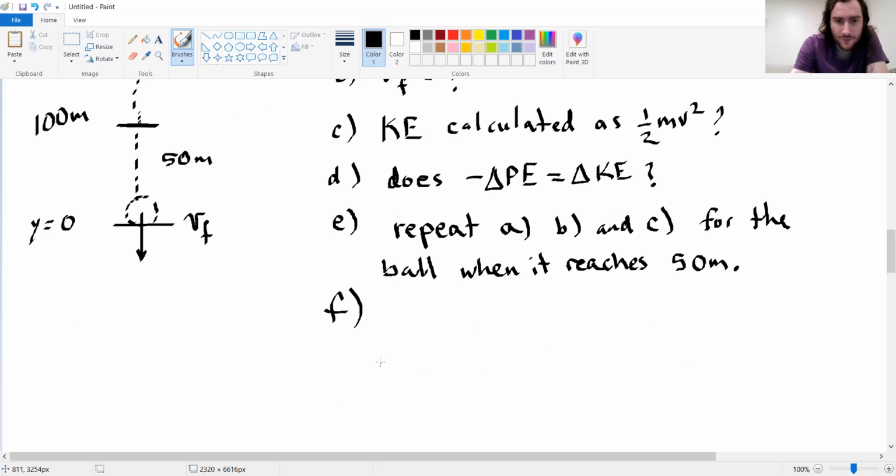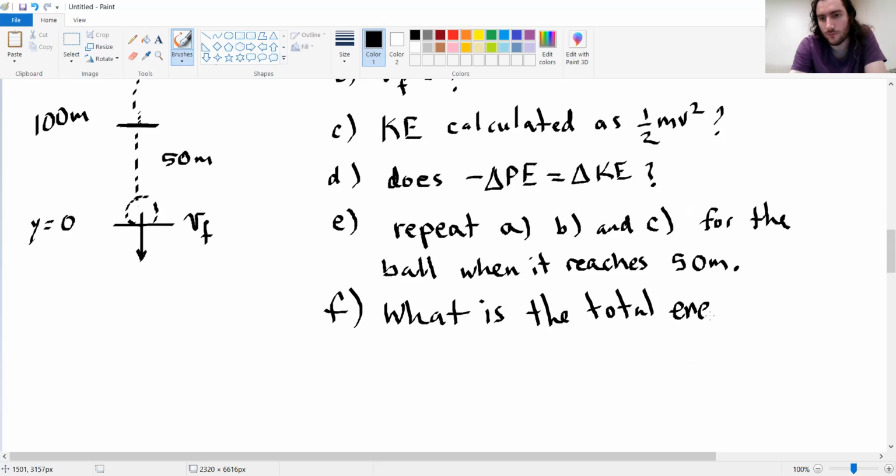Finally, F, what is the total energy, E equals potential energy plus kinetic energy.